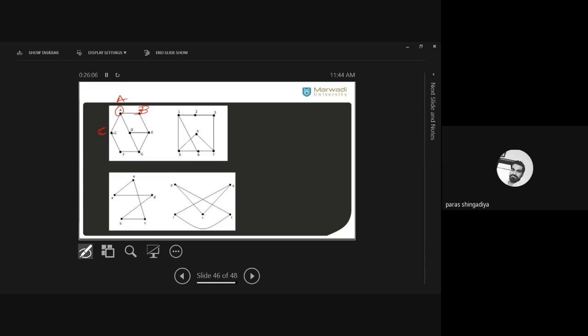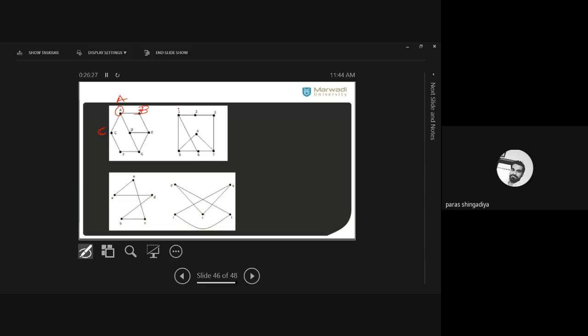This is degree 2. So find such a vertex in this graph whose degree is 3, and it should be adjacent with two more vertices whose degree should be 2. So first identify the degree 3 vertices. Which vertices are degree 3?